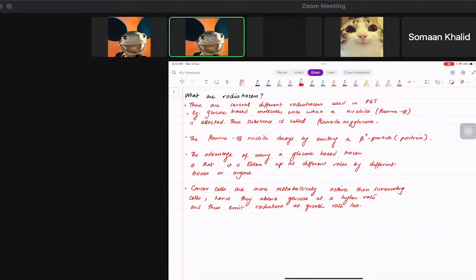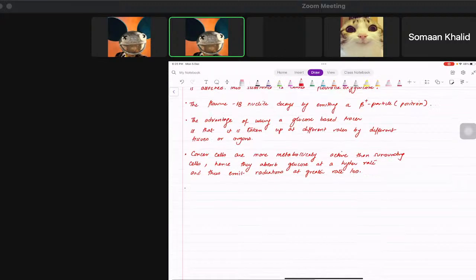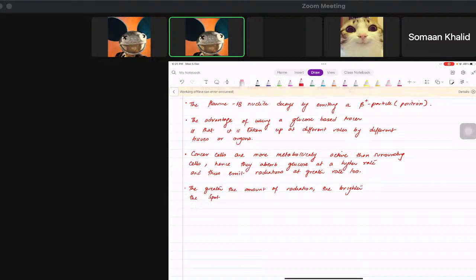Okay. Now, the greater the amount of radiation, the brighter the spot on the diagnostic screen, right?